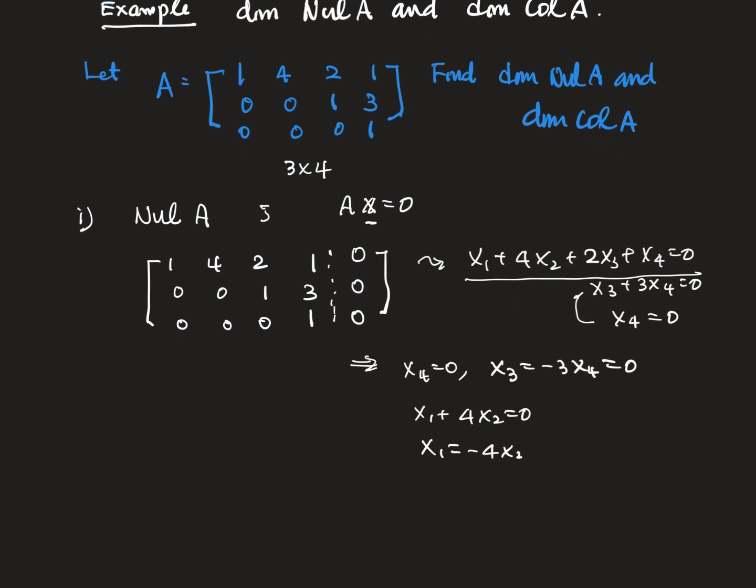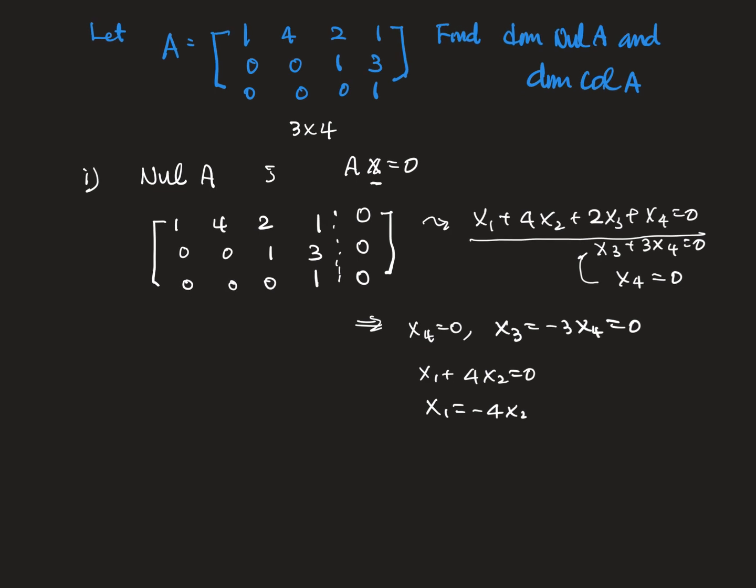So x2 is a free variable, right? So to find the x vector in the null space, x is negative 4x2, x2, 0, and 0. That's x2 times the vector negative 4, 1, 0, 0.